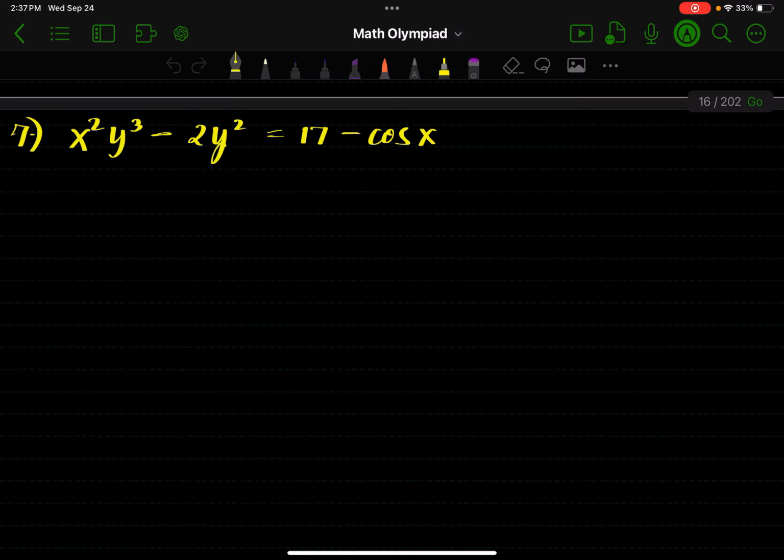Number 7. How to find the dy over dx of this equation, x squared y cubed minus 2y squared equals 17 minus cosine x. So let's apply the product rule here because x squared times y cubed are two functions.